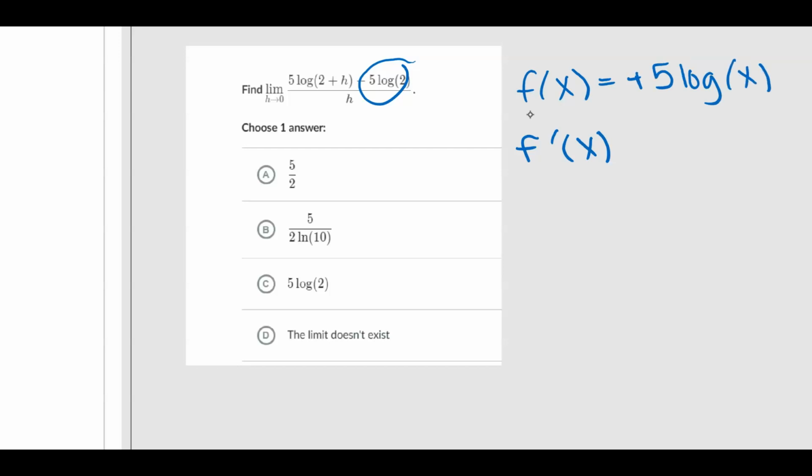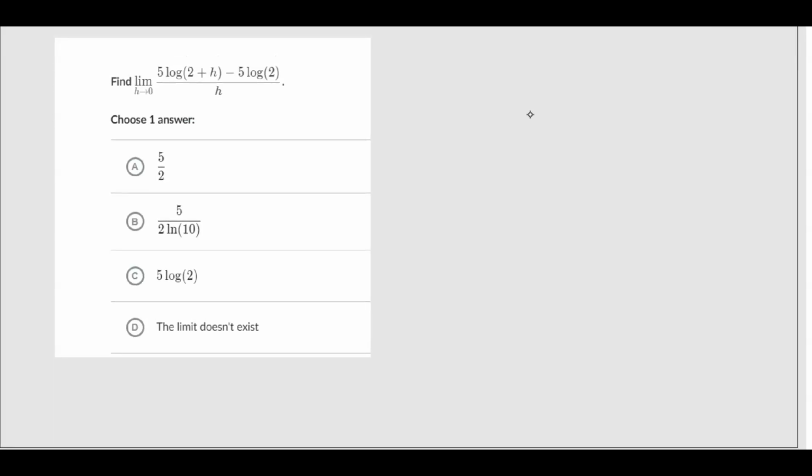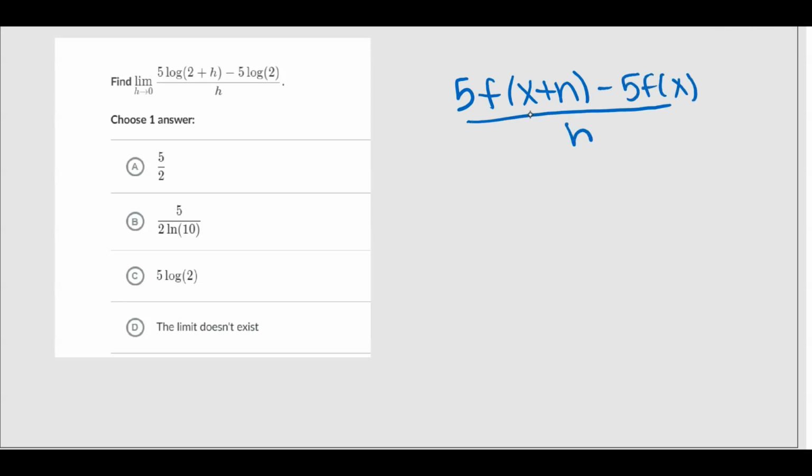So you just need to know, okay, what's the derivative of that? Well, let's look at this as if it were really just the f of x. So remember that 5 can almost be factored out. So then it's f of x plus h minus 5 f of x all over h.